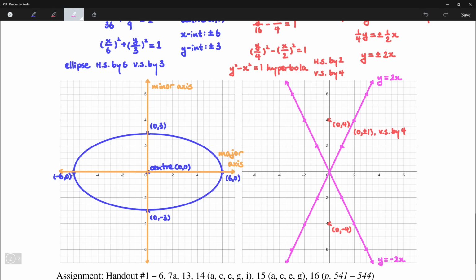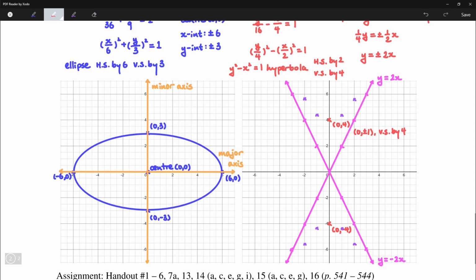Okay, we can also draw in additional points using a table of values. And if we were to use a table of values, we would have gotten points in these locations here. Something like this. 3 and 4.